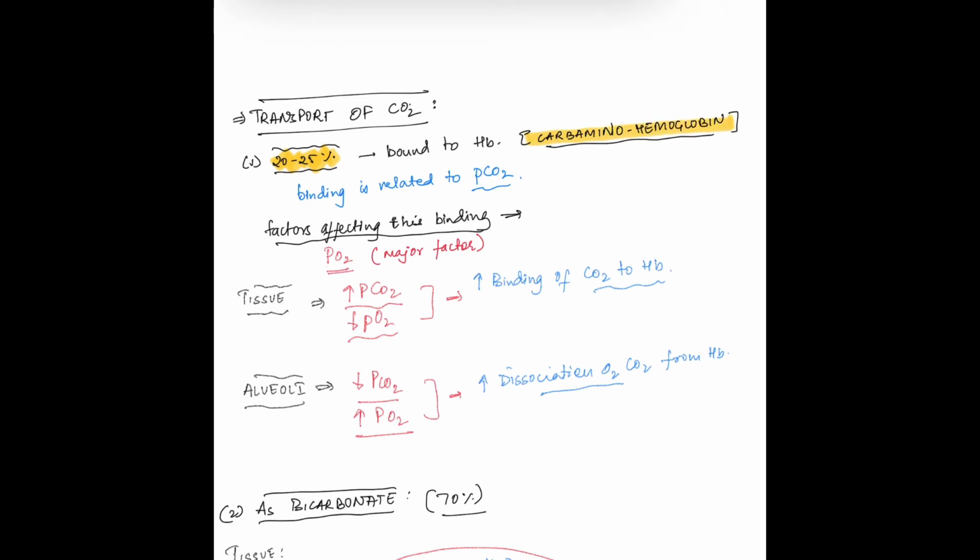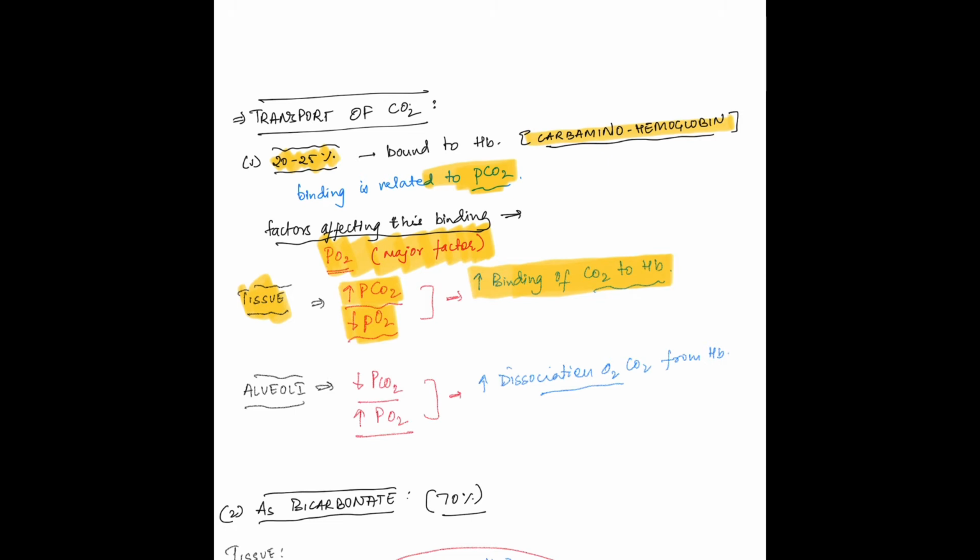This binding of carbon dioxide to hemoglobin is related to partial pressure of carbon dioxide, and the major factor affecting this binding is partial pressure of oxygen. At the level of tissues, PCO2 is high and PO2 is low. This results in increase in binding of carbon dioxide to hemoglobin. That is, it increases affinity of hemoglobin for carbon dioxide.